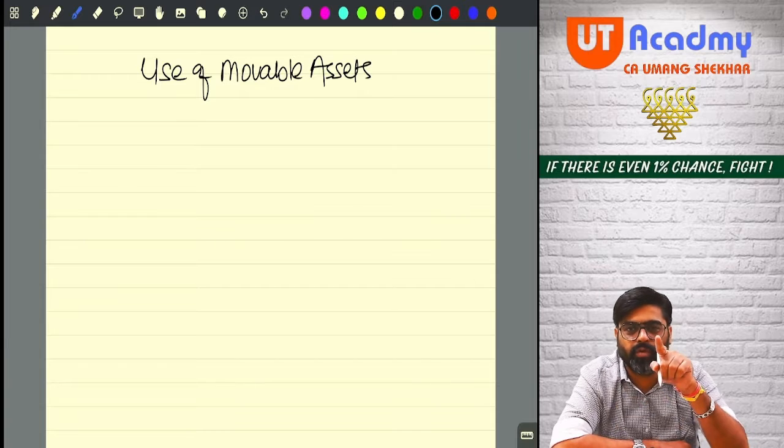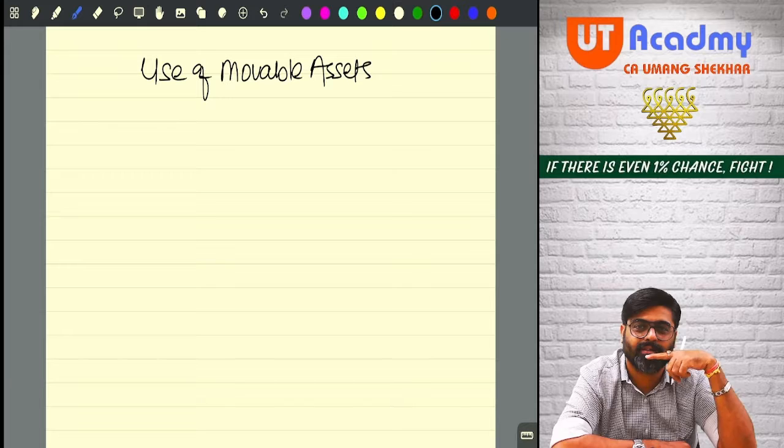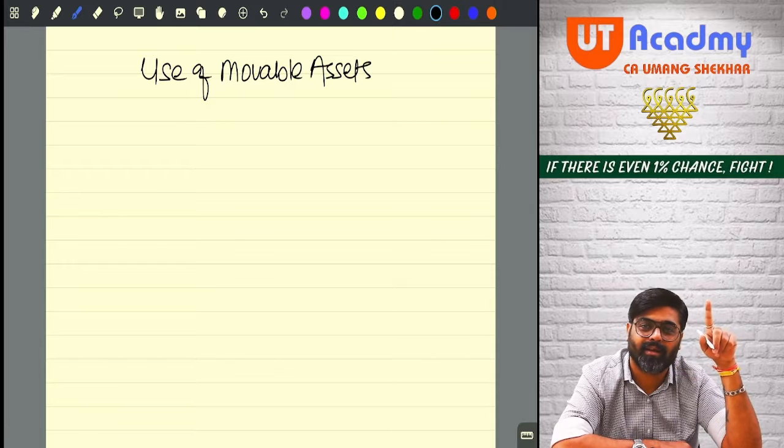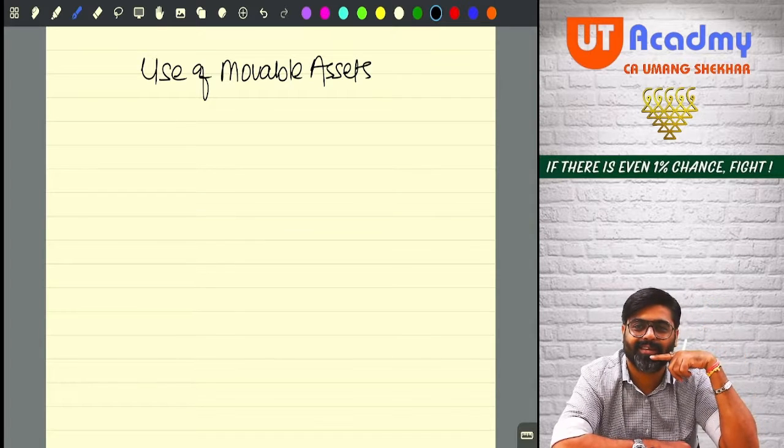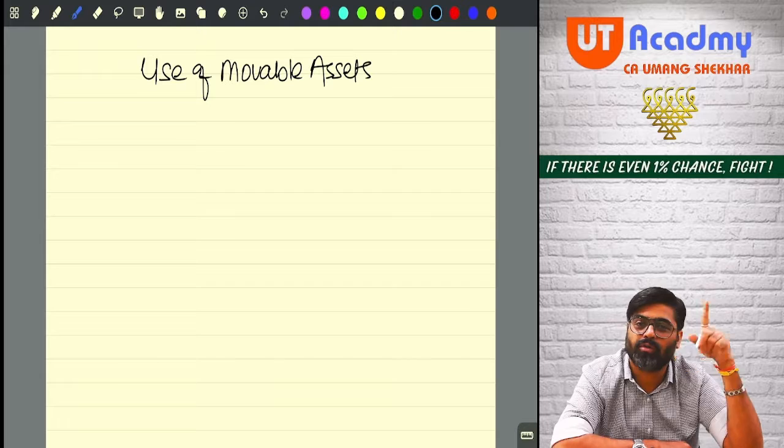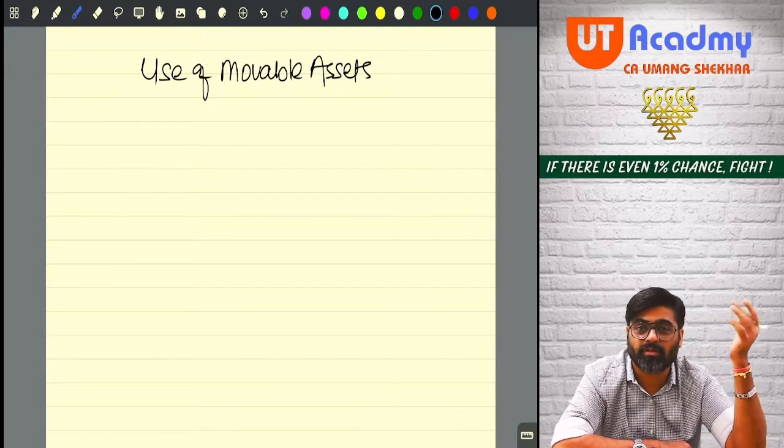You know this. Do you remember furniture along with accommodation given for use? Do you remember motor car given for use? What was furniture? Movable asset only, no? What was motor car? Movable asset only, no?